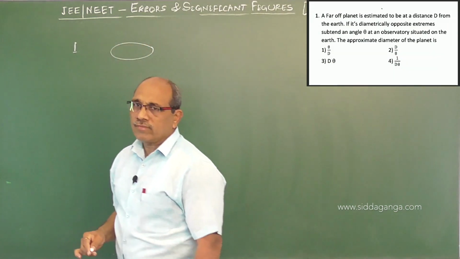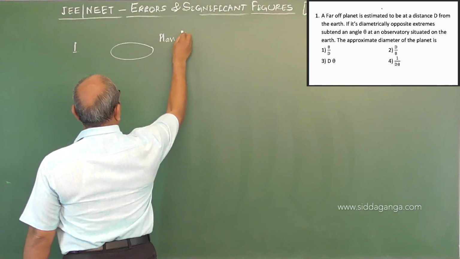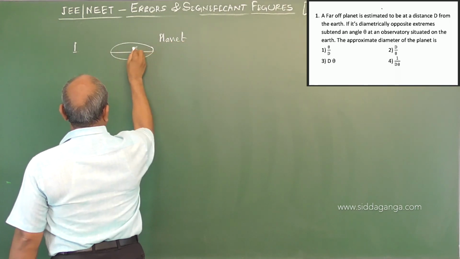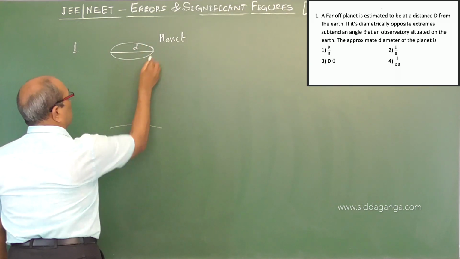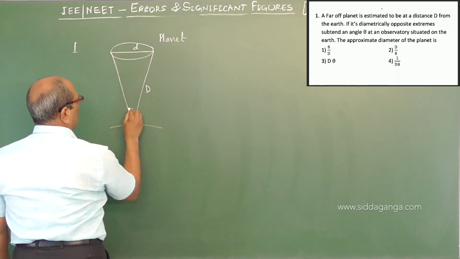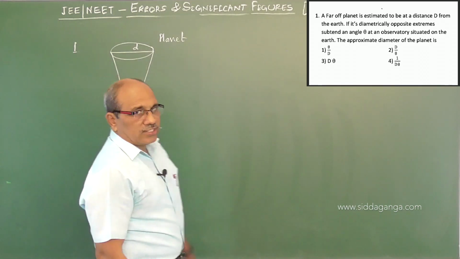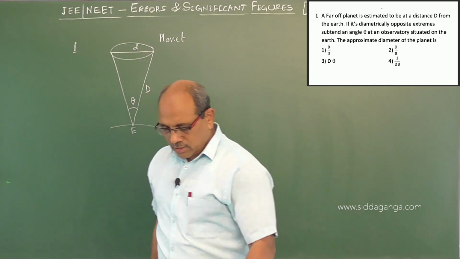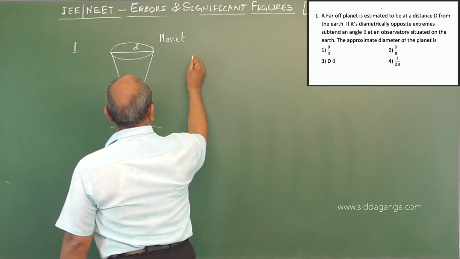It is some object, a planet at some distance, having its diameter d. From the Earth we are observing it. So this is the distance we imagine, capital D, and this is the angle theta. By the rule of approximation, we have come to know the parallax method.